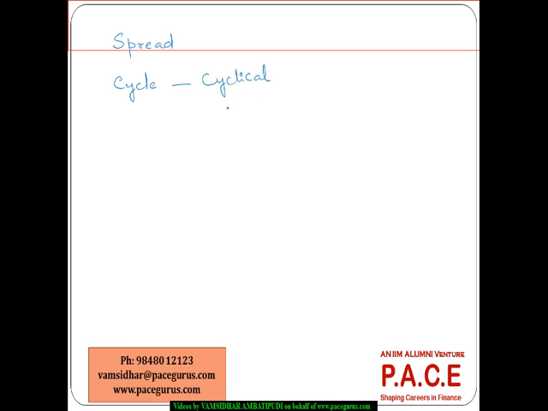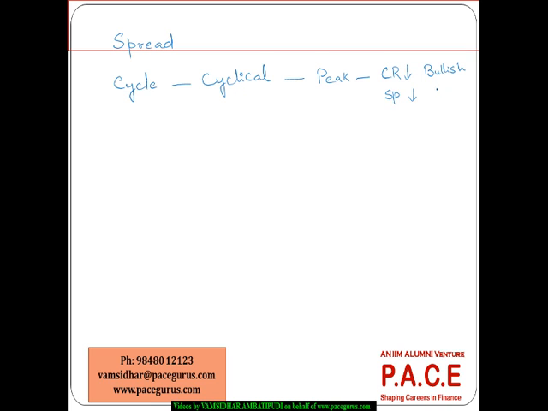So when I say cyclical, at the peak of the cycle, the credit risk is looked at as much lower and the sentiment is more bullish, because of which the spread is going to be much narrower.